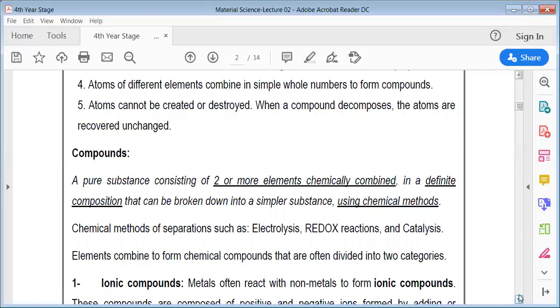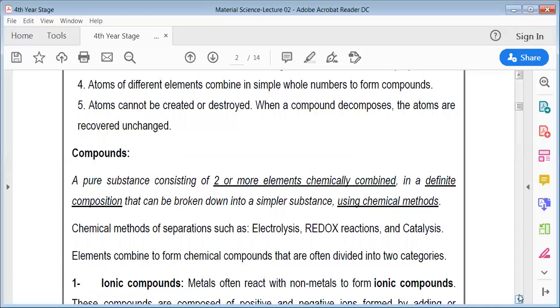And compounds, as we say, are a pure substance. Remember, that should be pure. If it's not pure, if it's mixed, two or three different things not combined with each other, then it's a mixture. It's not a compound. So it's a pure substance consisting of two or more elements chemically combined. They're combined in a chemical way.